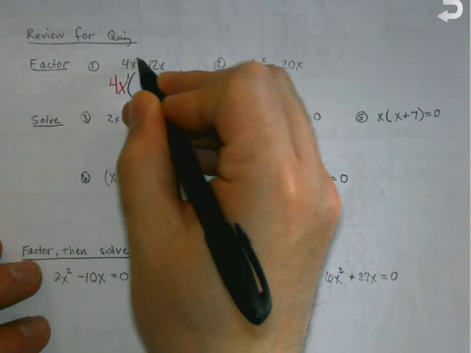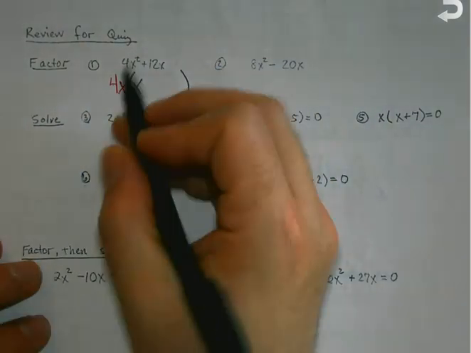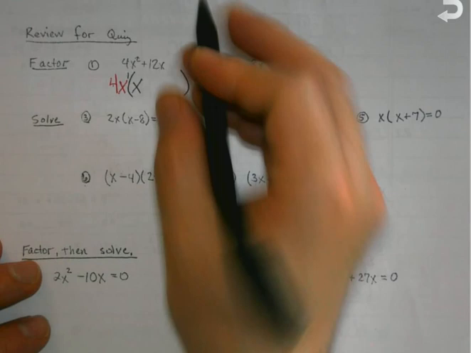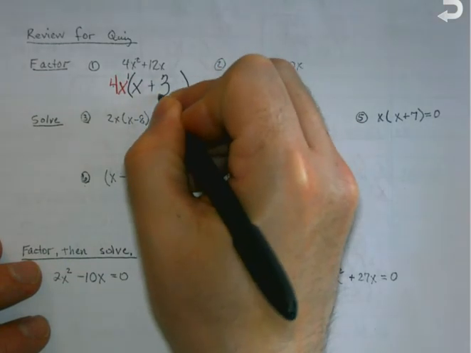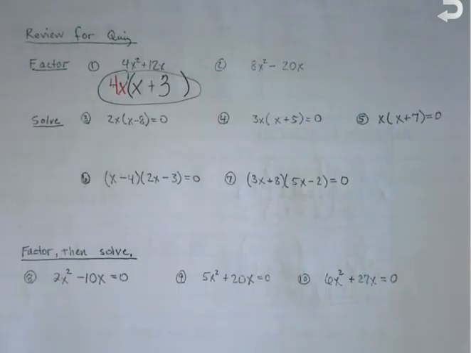I already got one of the x's, but I need 2. Second part, 4 times what gets me to 12? That's 3. And I already have the x's. And I'm factored. There's nothing else to compare it to. There's nothing to solve. It's just factoring it and getting it done, and then we're ready to go.